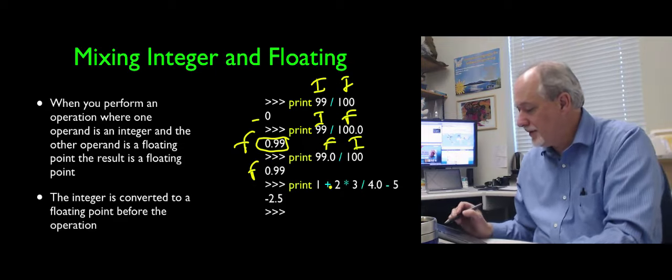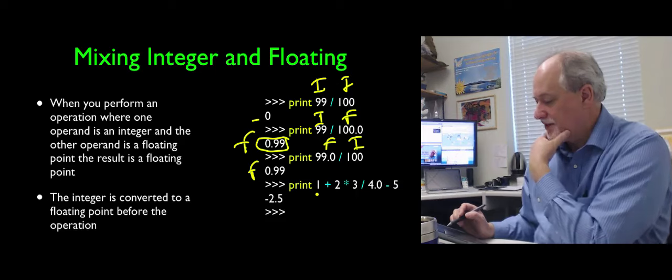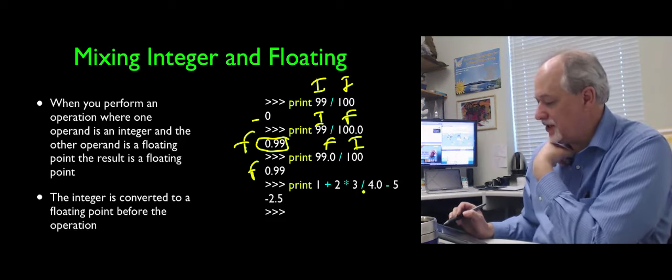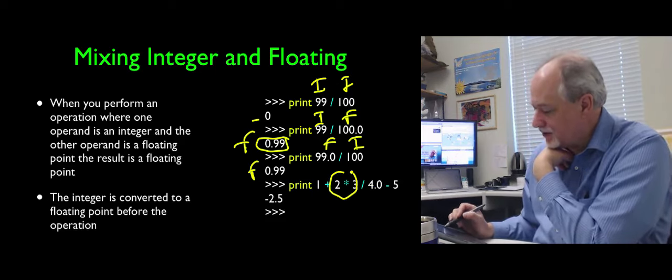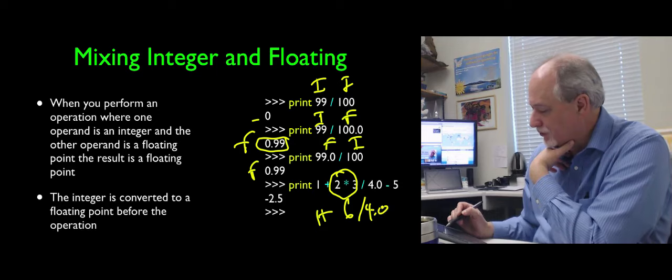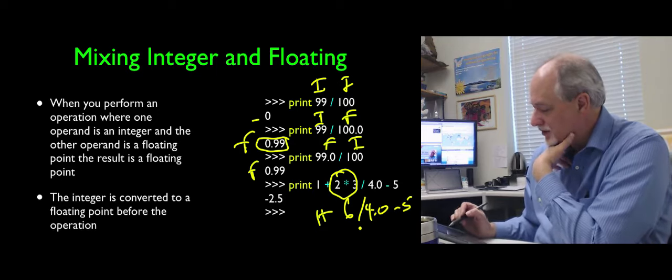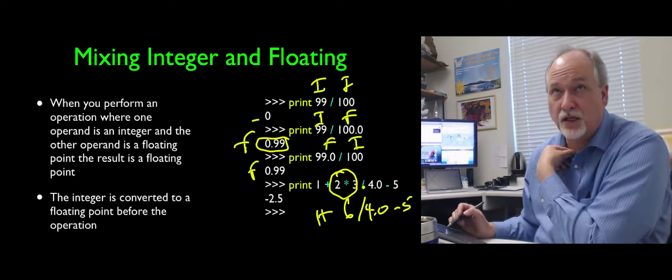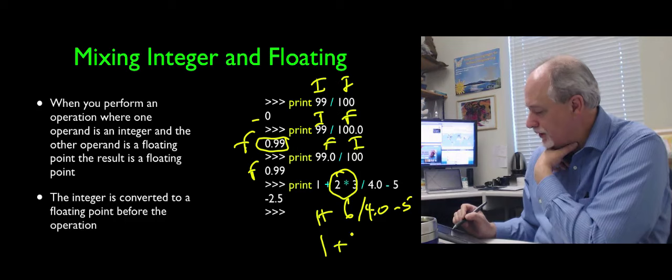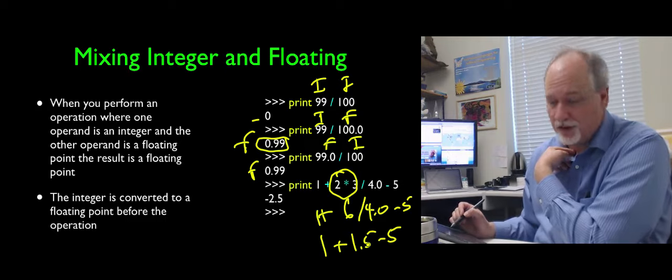And even in complex expressions, as it evaluates, when it sees an integer, the first thing it would evaluate would become a 6. So it would be 1 plus 6 over 4.0 minus 5. Then it would be doing this 6 over 4.0, and that would be 1.5. 1 plus 1.5 minus 5. And so this is an integer, and that's a floating point, and the result becomes a floating point.